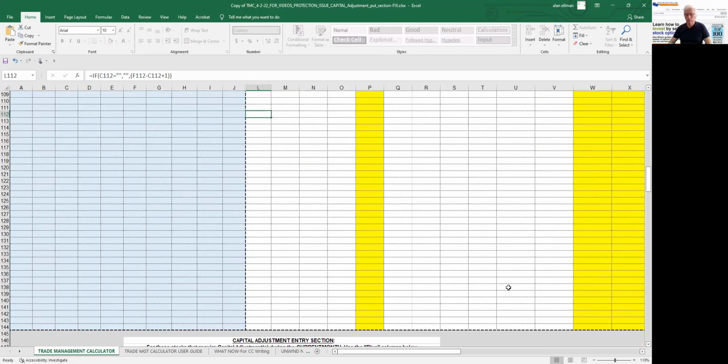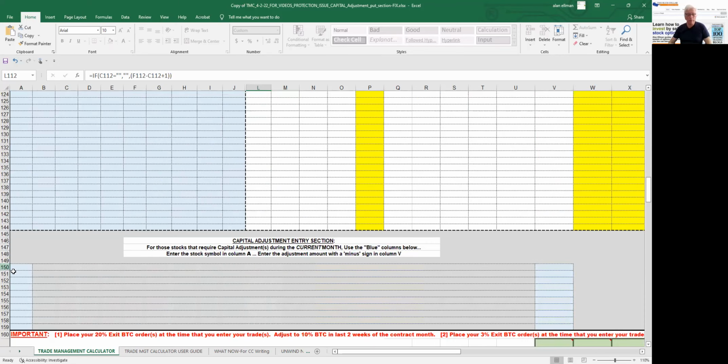Well, we scroll down and we enter which stock we're talking about: BCI. This is the adjustment section, folks. We want to deduct 19,400, so we put minus 19,400.